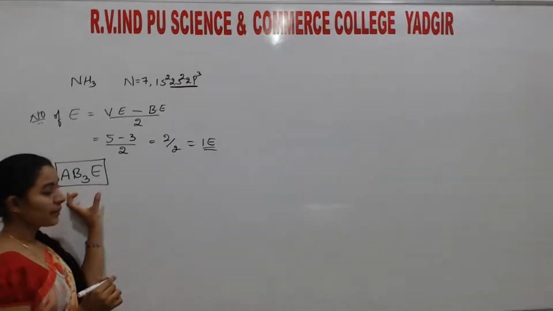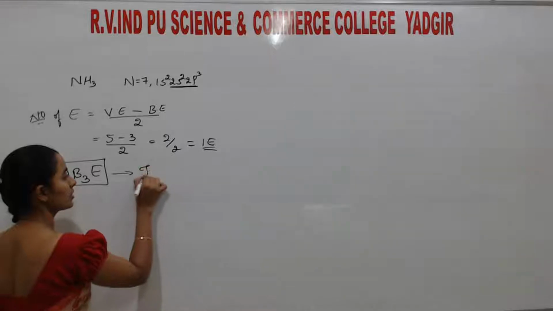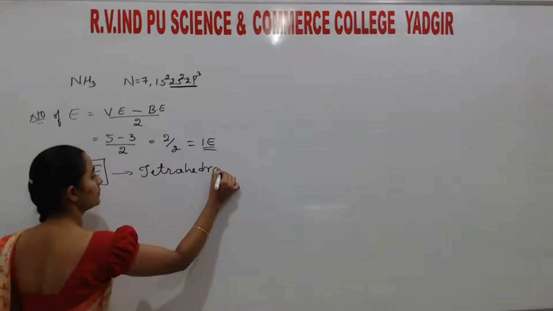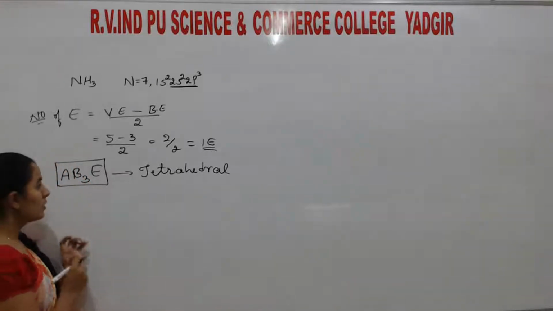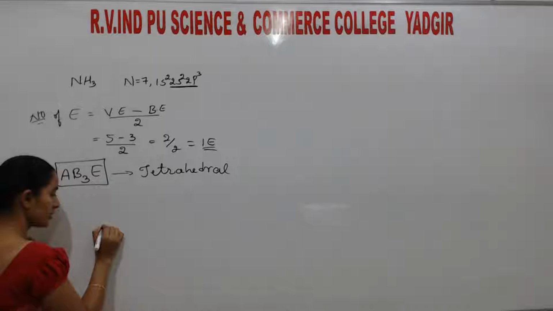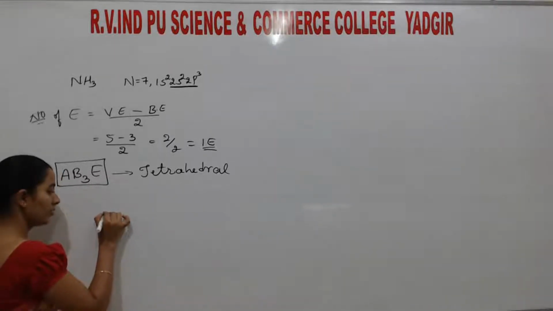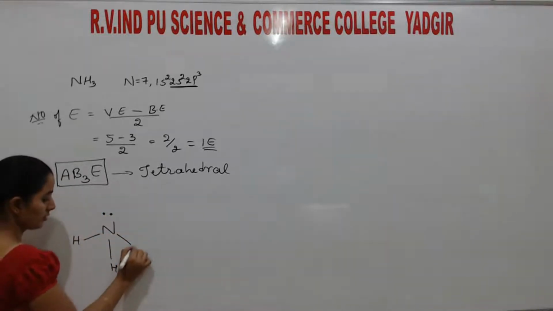Students, for an AB3E type molecule, the standard structure is tetrahedral. Here A is nitrogen, with the lone pair of electrons and 3 hydrogen atoms.